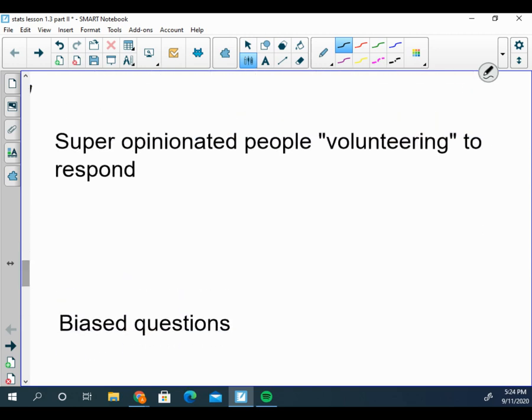Super opinionated people. I would call this the politics of Facebook, right? The people who are screaming for the extreme left politically or the extreme right politically often volunteer to respond to stuff on Facebook. Or think of it outside of politics. Think about an opinion poll on a radio show.